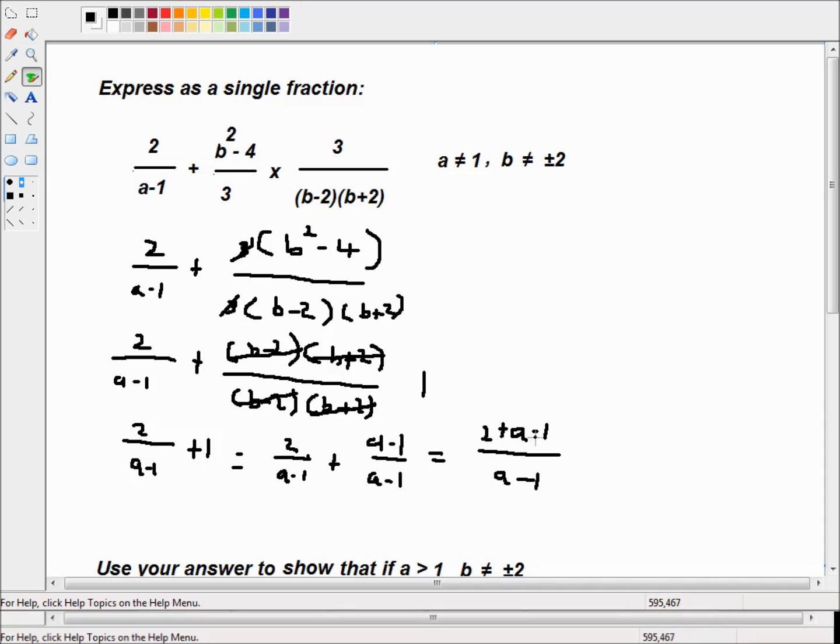And now 2 minus 1 is 1, so this is equal to a plus 1 over a minus 1. And that's about as simple as we can make it. So all of that ugliness actually simplifies to something not too complicated at all.